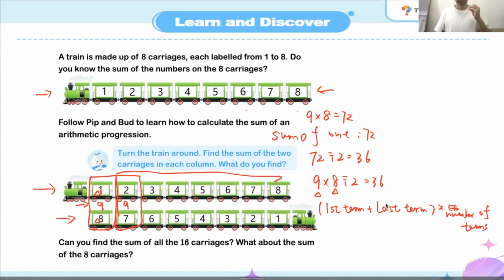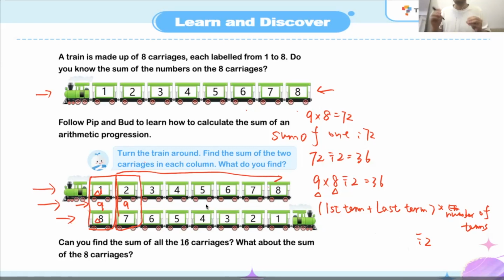And the final step, don't forget, we divide by 2 because we have 2 sequences with the same numbers but in different orders. So we divide by 2 and we can work out the sum of one sequence.